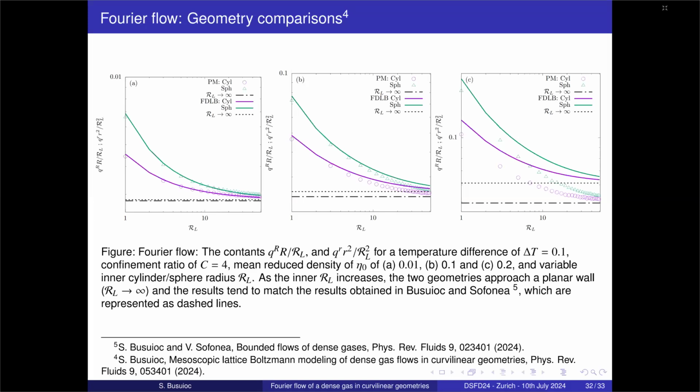And we see as I increase the left radius and keep the distance from the right cylinder or sphere, I just converge basically towards the Cartesian case, and the same for the higher densities of my fluid.